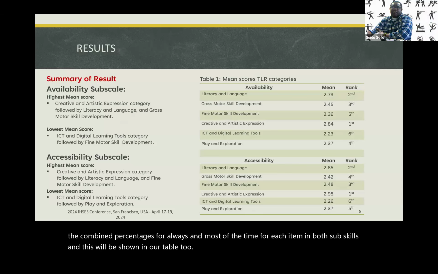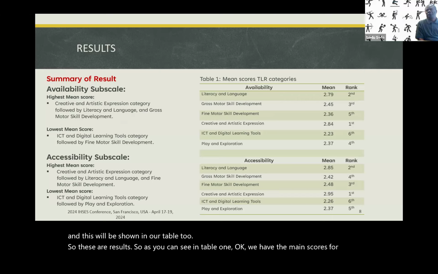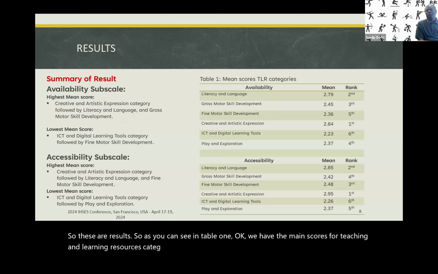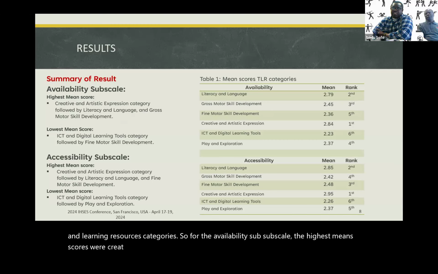So these are the results. As you can see in table 1, we have the mean scores for teaching and learning resources categories. For the availability subscale, the highest mean scores were for the creative and artistic expression category, followed by literacy and language, and then the gross motor skill development category.